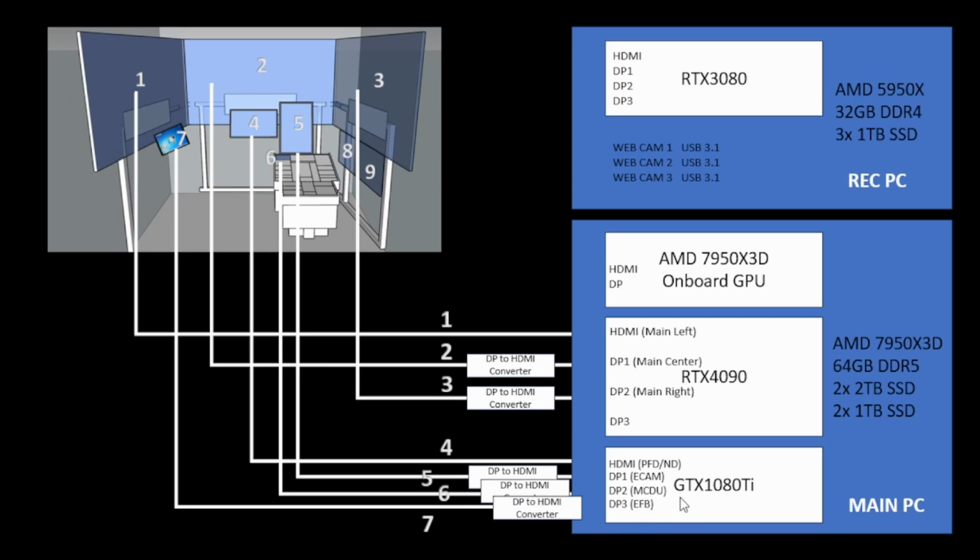So that is for the GTX 1080 Ti to handle, and it requires very few resources because it's mostly rendering 2D displays on these 4 displays, while this one, despite only 3 being connected, will render the full digital 3D display at 3 times 4K resolution.